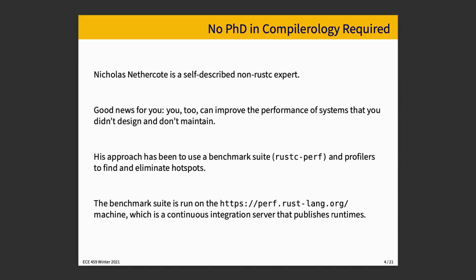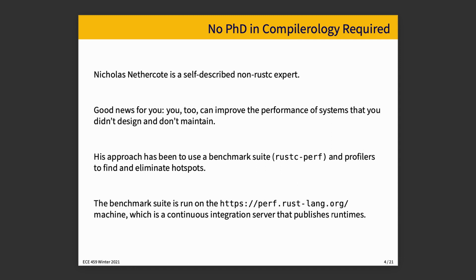Anyway, like any scientific investigation, if you want to find out what's going on, you need to do an investigation, and investigation requires gathering data. So the approach that we are discussing is the rustc-perf benchmark suite. Here's a workload that we can execute, and we can use that to determine whether a change has improved or made something worse.